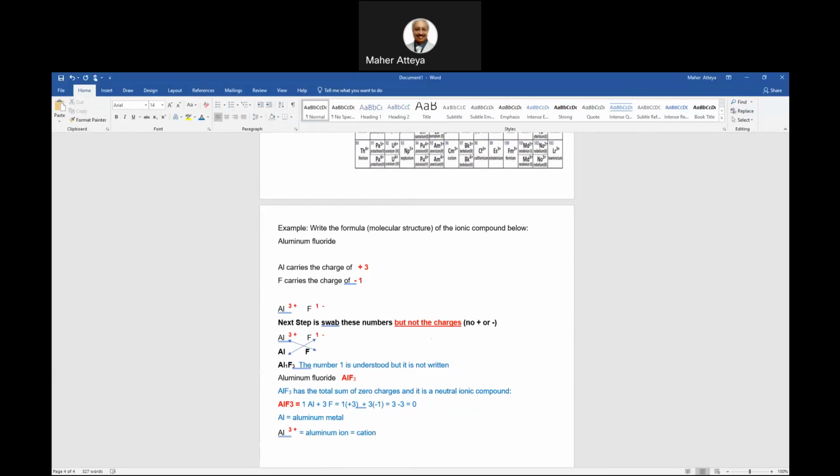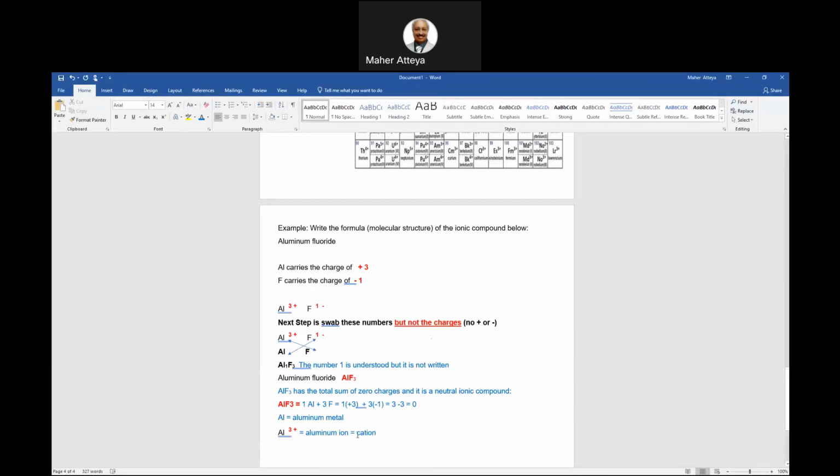A cation is an element, correct? So it can even be a non-metal. A non-metal can be a cation, correct? So it's an element that lost some of its outermost electrons, and it will appear positive. So what do we mean by cation?